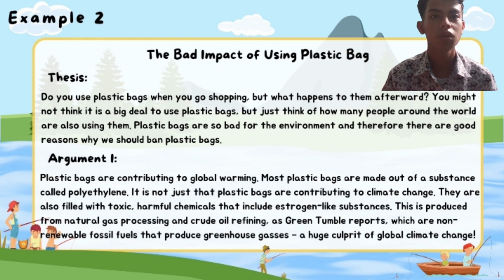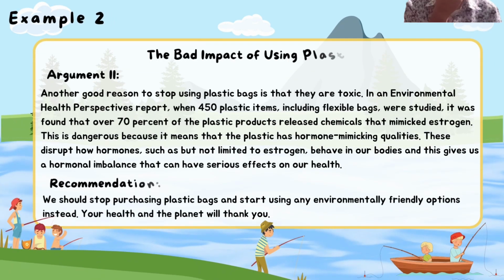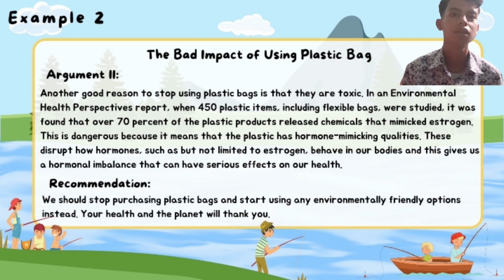This is the reason why certain action must be taken by the reader. In the last section, there is a recommendation that gives advice from the author to the reader to take certain action. There is a sentence where stop using plastic bags and start using any environmentally friendly option is stated.